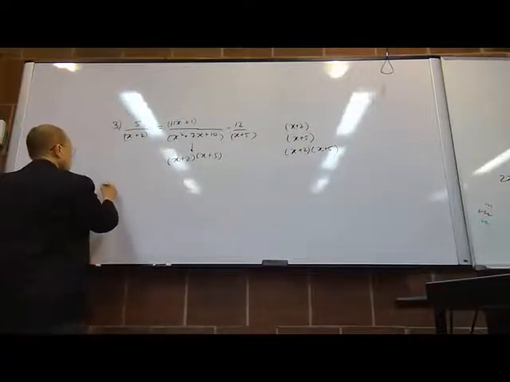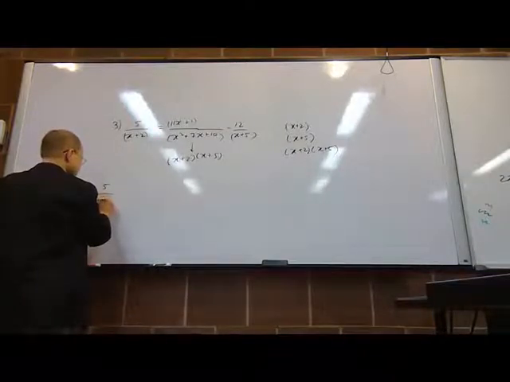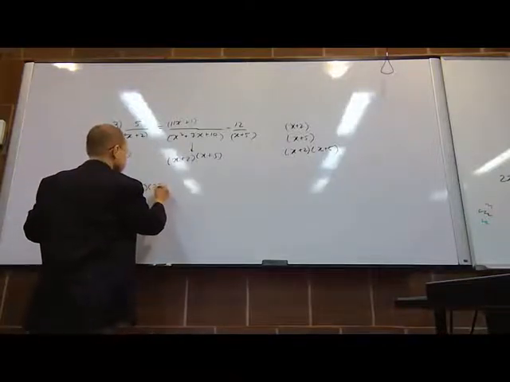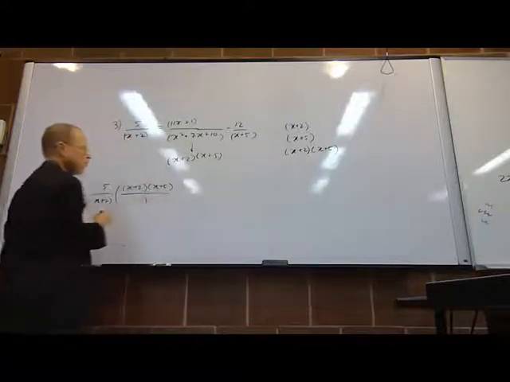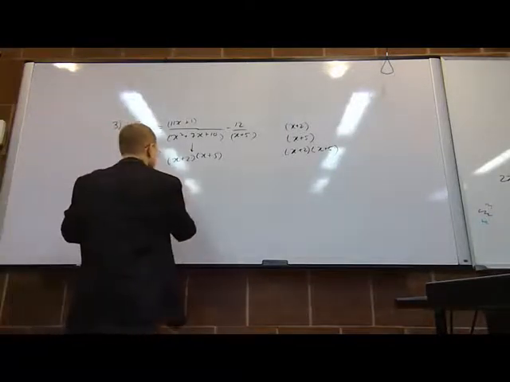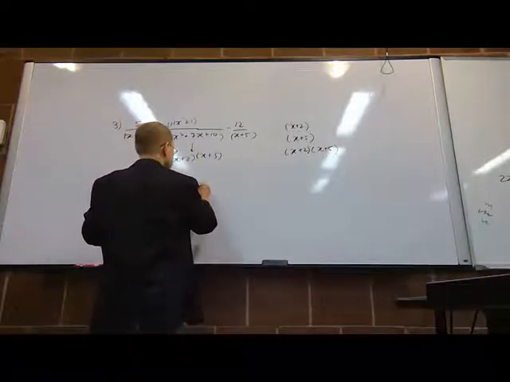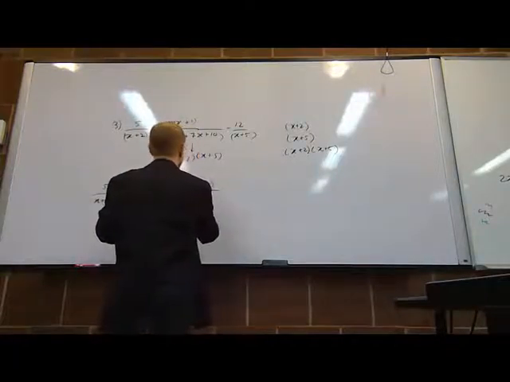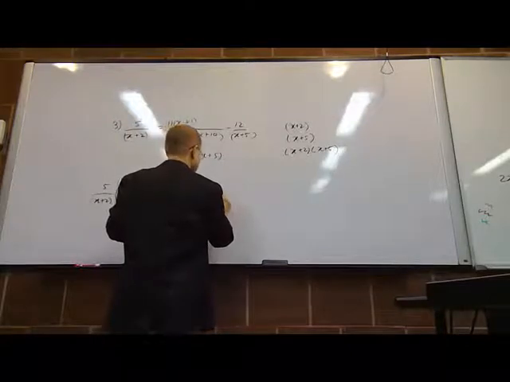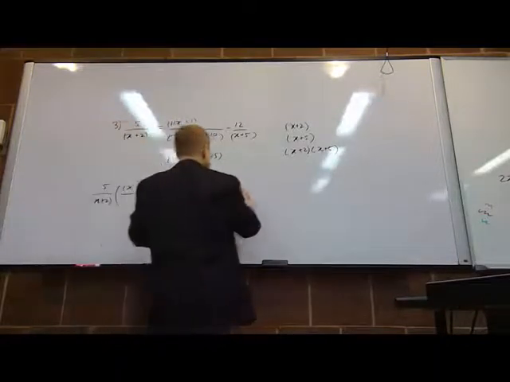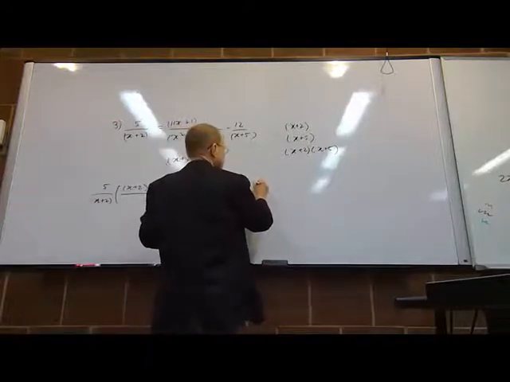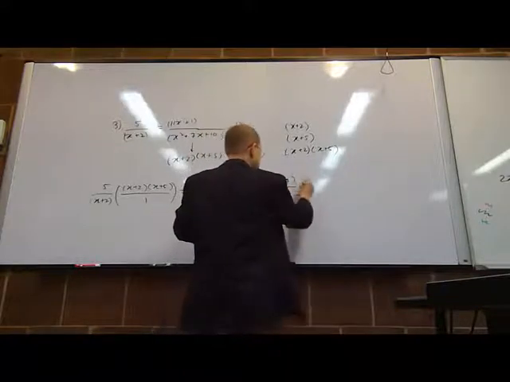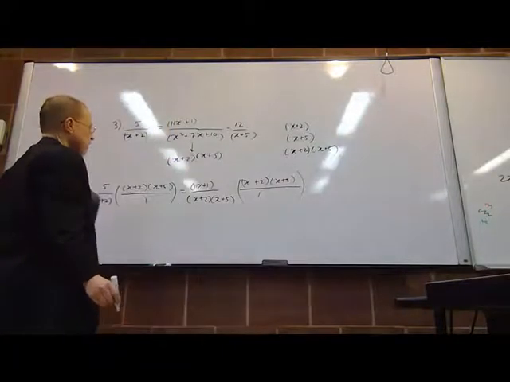So I'm going to go 5 over x plus 2 times x plus 2, x plus 5, and I'll put the 1 there, as I said earlier, for tidiness, is equal to 11x plus 1 over x plus 2, x plus 5, since they're exchangeable and it makes it easier to see what's going on. Over 1, and then my last term.